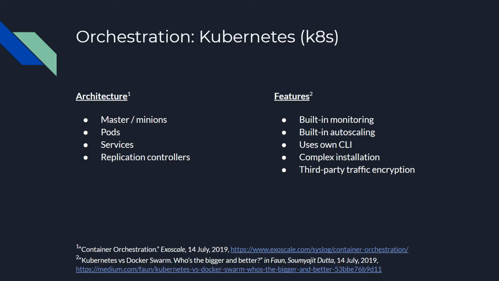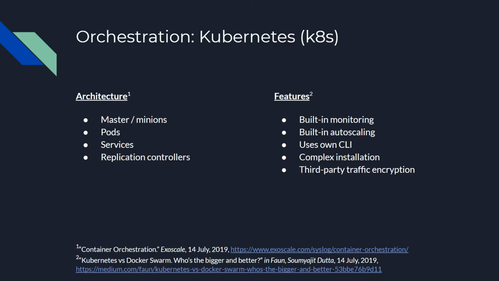Similar to Docker Swarm and, again, other orchestrators, Kubernetes has services that get deployed to provide a persistent view into your applications regardless of what containers are running. And Kubernetes also has replication controllers, which is going to loop into our scaling that we'll talk about in the features here.